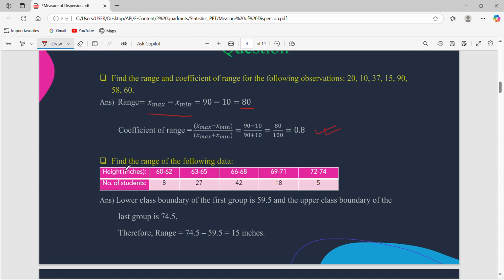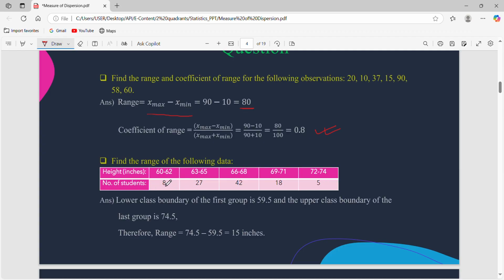Another question: find the range of the following data where heights are given in class intervals, with the interval and number of students. So 60 to 62, 63 to 65, 66 to 68, 69 to 71, 72 to 74, and the number of students are there.